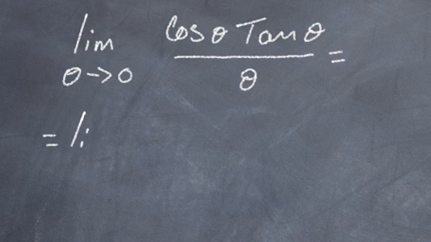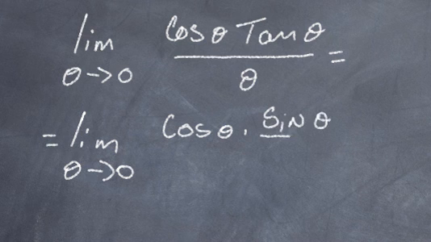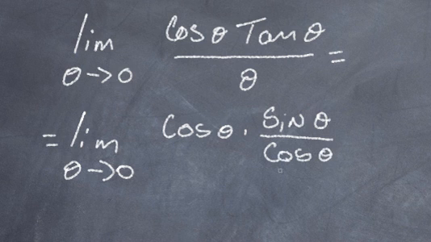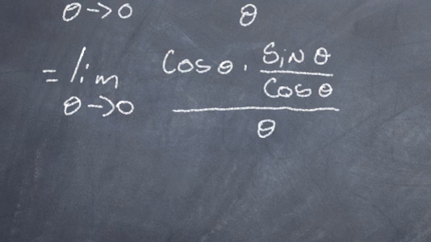So rewriting the limit as theta goes to 0, we have cosine theta times, now remember tan theta is sine theta over cosine theta, and that's all over theta. Well, you can see that up here in the numerator we have a cosine theta in the top and one in the denominator, so we can just cancel those out.